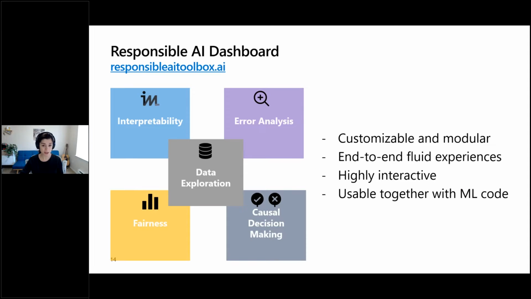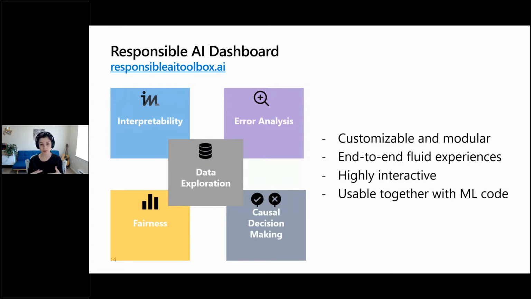The Responsible AI dashboard is customizable and modular, which means that you can customize the components of the dashboard according to your needs and the scenario that you're working on. It provides end-to-end fluid experiences, meaning that you don't have to make up the data exchange between error analysis and interpretability. It just comes as a fluid experience.